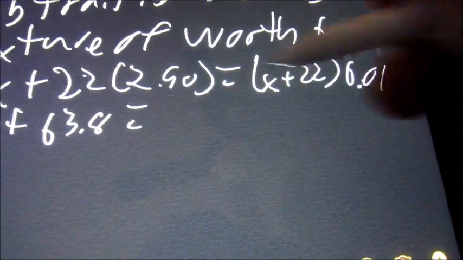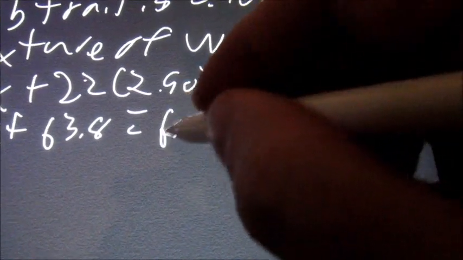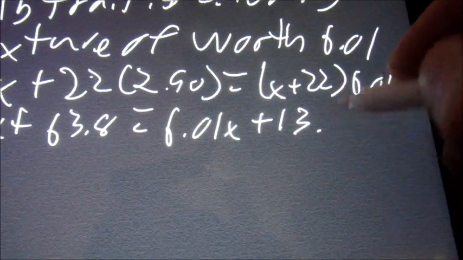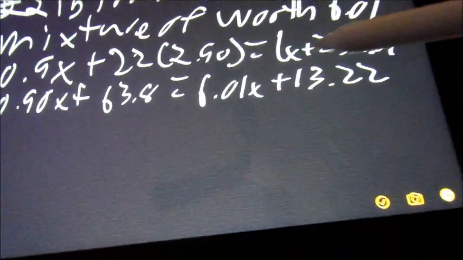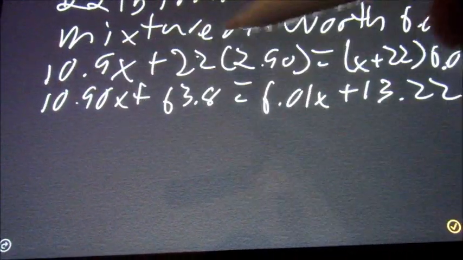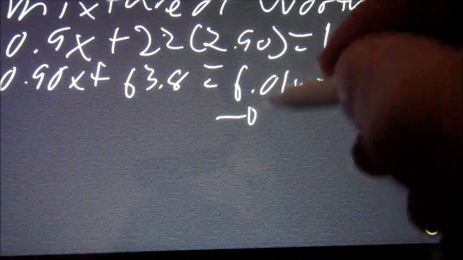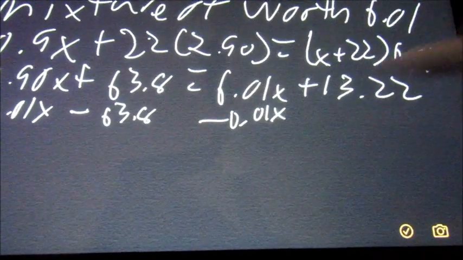So I'm going to distribute, and we have 10.90x plus 63.8 equals, I'm going to distribute the 6.01. So we have 6.01x plus 132.22. Now I'm going to move all of my x's to this side, my numbers to this one. So I'm going to subtract 6.01x. And that means I'm going to subtract the 63.8.